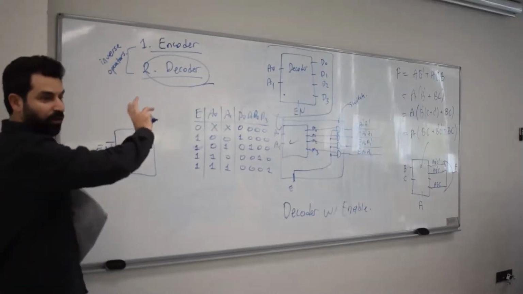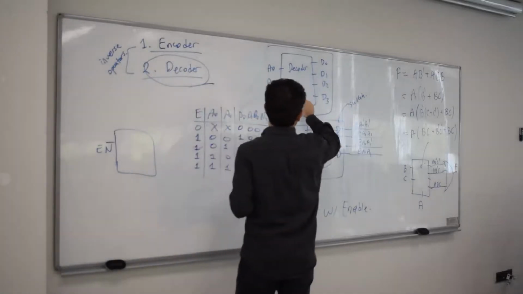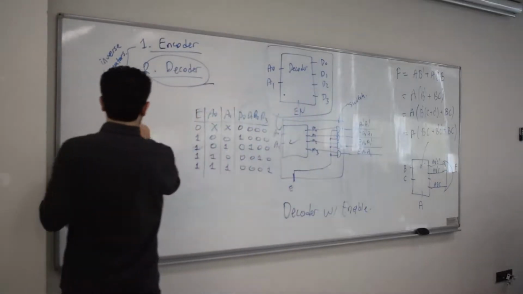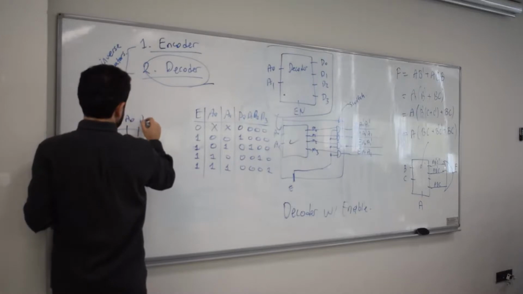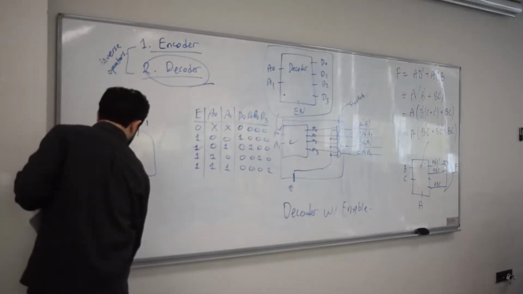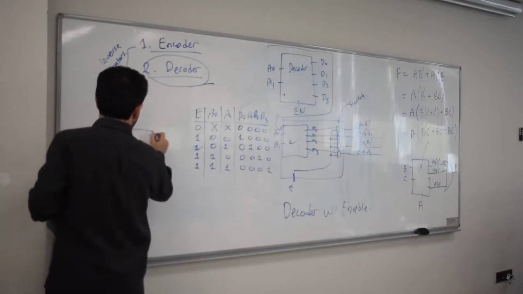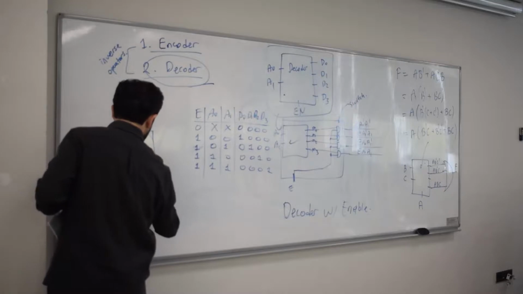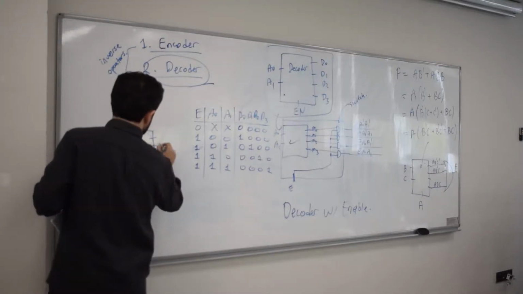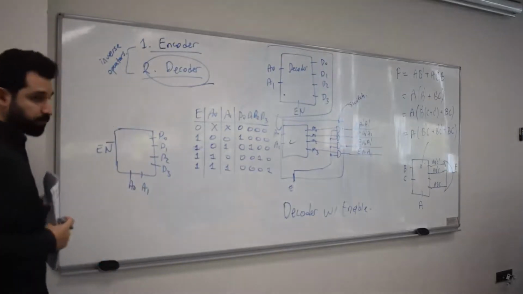I'm actually turning it clockwise, and putting this enable here, and A0, A1 here. Maybe I can draw the A0, A1 at the bottom because that's what we usually use. So A0, A1 here, and these are the outputs, D0, D1, D2, and D3, okay?